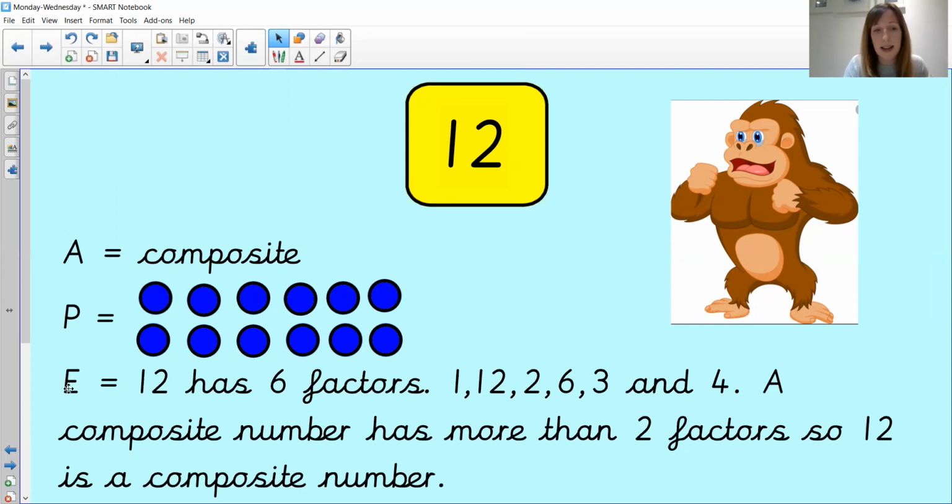And then I've explained my answer. So 12 has 6 factors, 1, 12, 2, 6, 3, and 4. A composite number has more than two factors, so 12 is a composite number. Now, I know that you would know all that. It's just about remembering to explain in full, and aping it is a really easy way to remember.